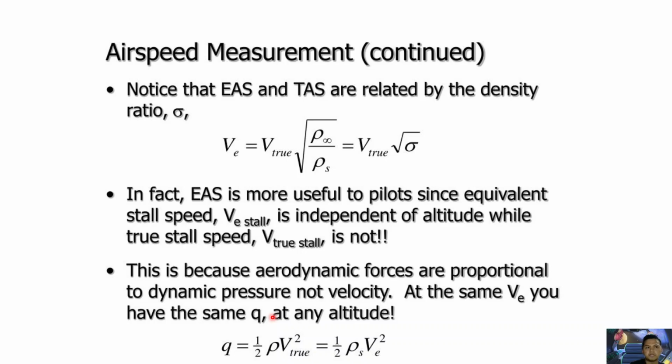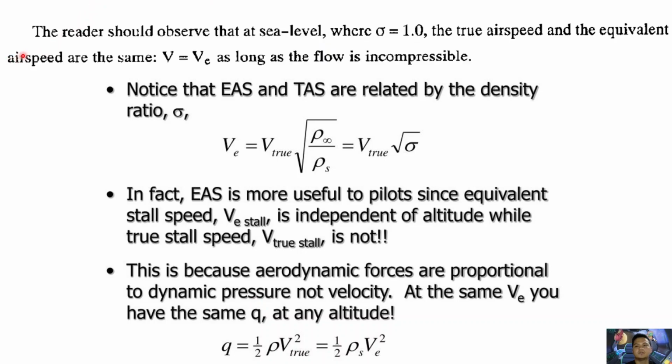So if ever lumilipad ka ng 50 meter per second at any altitude, iisa lang yung value ng dynamic pressure mo. Or, yeah, iisa lang yung magiging value ng dynamic pressure when it comes to this formula. Unlike dun sa true velocity or true airspeed.